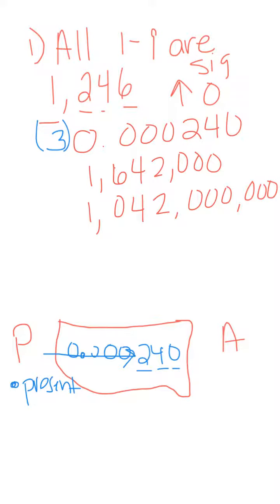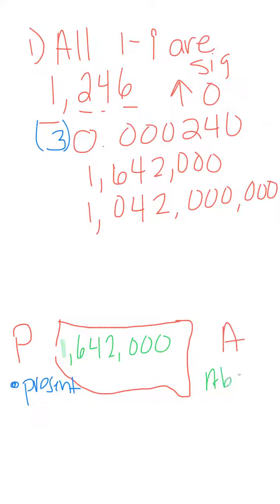All right, let's put our next number here, 1,642,000. If the decimal point is absent, then we're going to start on the Atlantic side and we're going to go this way until we hit a value greater than 0.